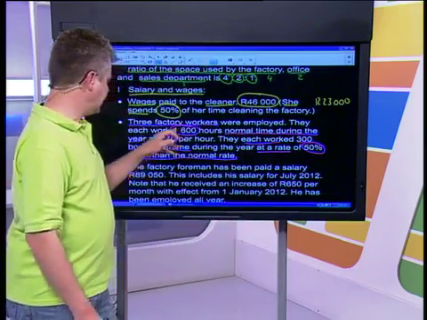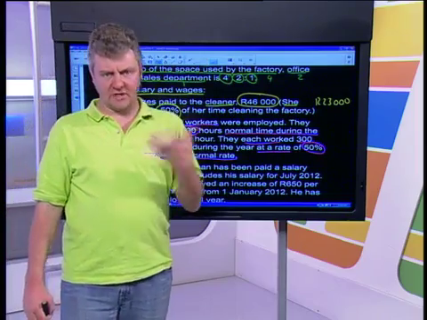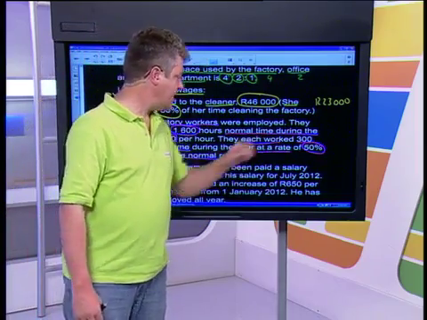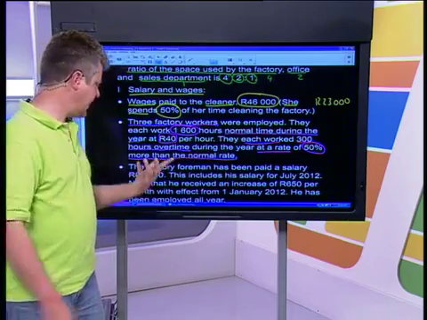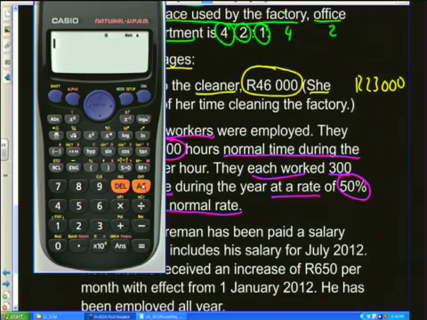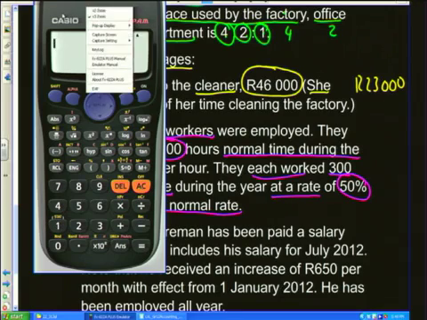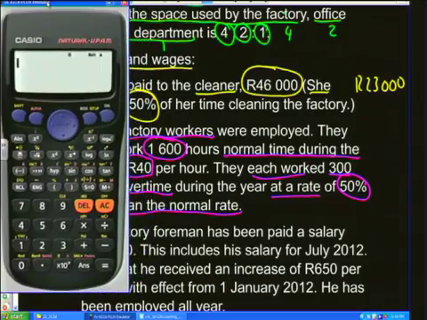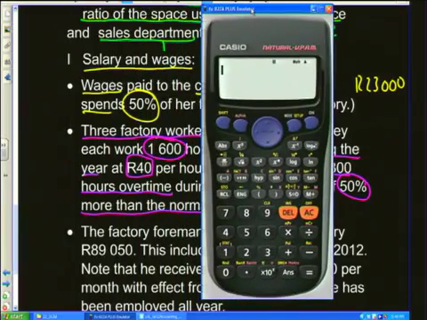So this business is getting 1,600 hours at 40 Rand, plus another 300 hours at 50% more than the normal rate. So to work that one out, if the normal rate is 40 Rand per hour, remember the question told us that the normal rate is 40 Rand per hour, it's over here.